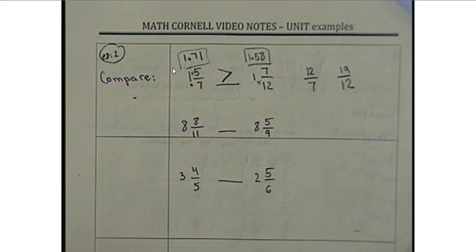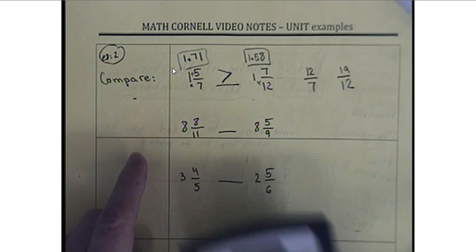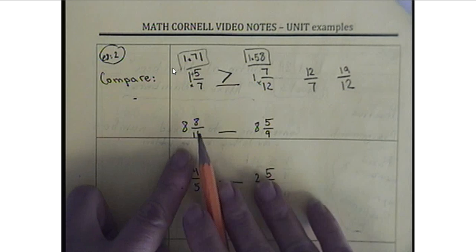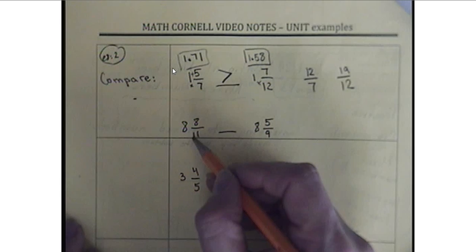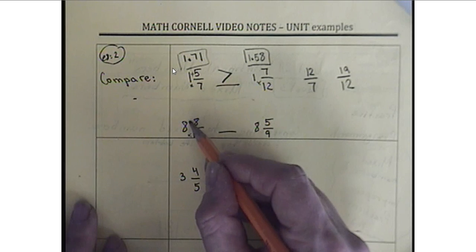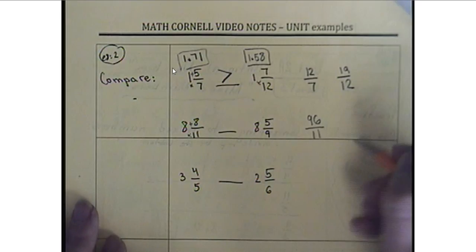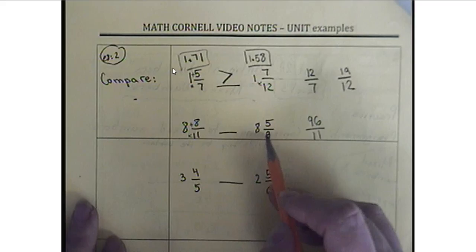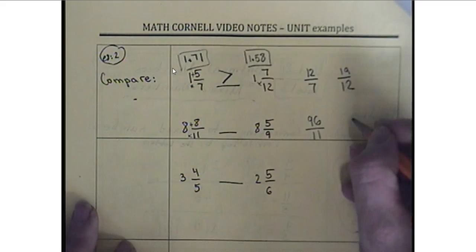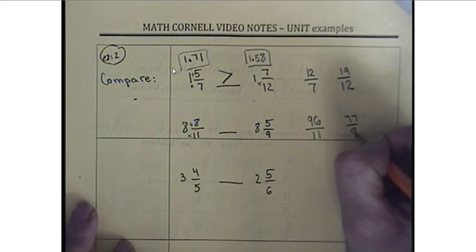In other words, let's rewrite those again as improper fractions and then as a decimal. So 8 times 11 is 88 plus 8, you're going to get 96 over 11. And this will be 8 times 9 is 72 plus 5, you're going to get 77 over 9.